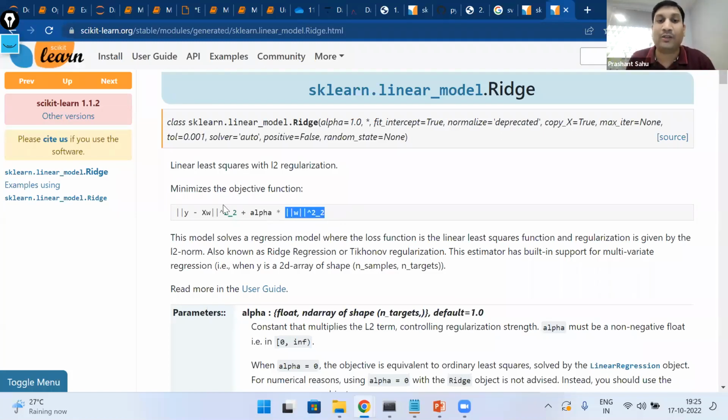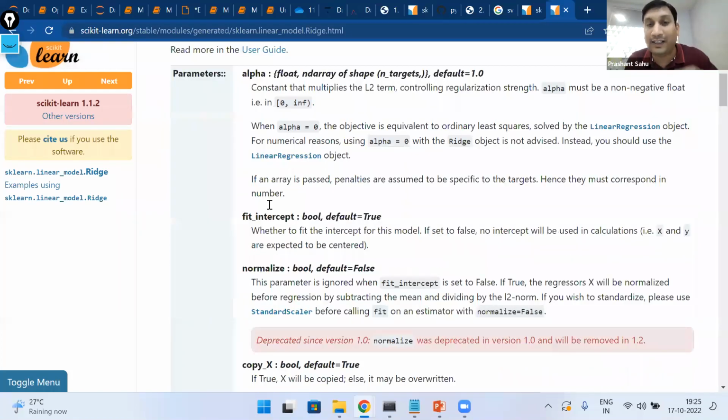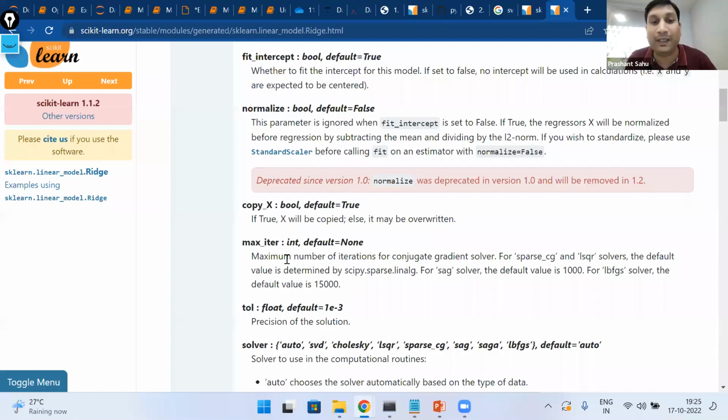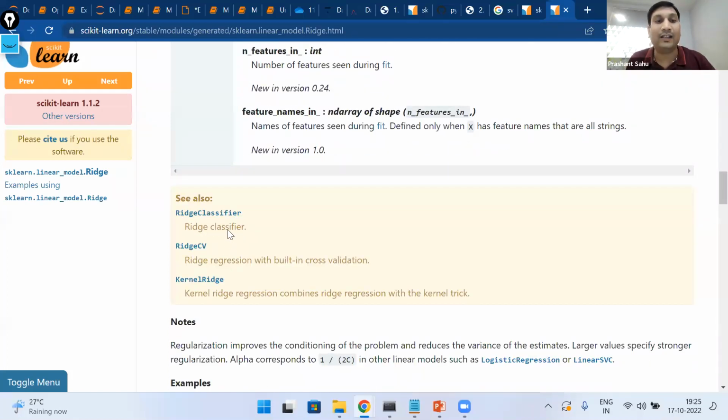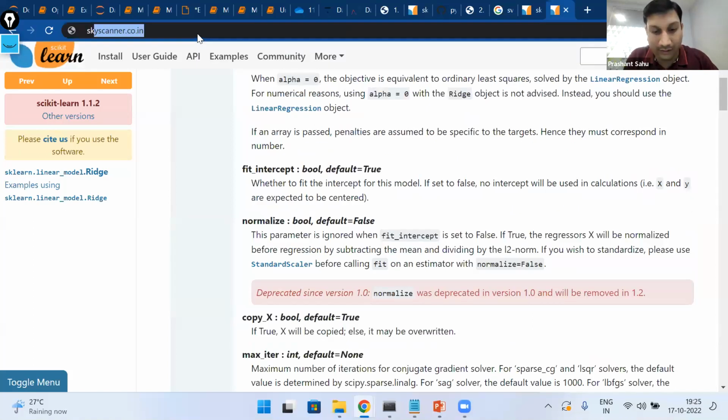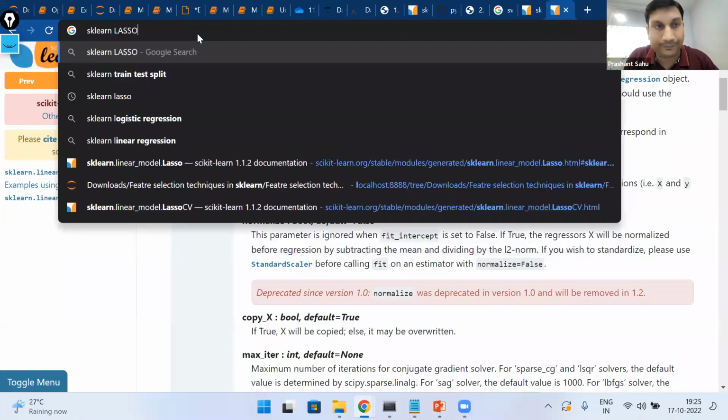So this entire thing is going to get minimized. Who is going to minimize? How is it going to get minimized? That is what we are going to discuss in the next slide, right? If I keep on showing you the documentation page for each of these functions, you'll clearly realize this. Let me show you sklearn and Lasso.